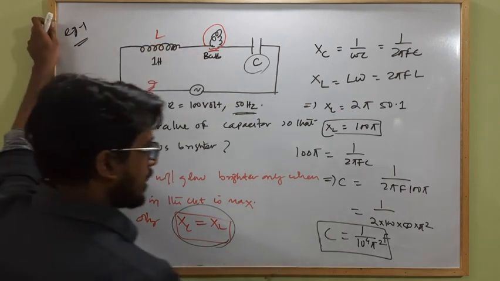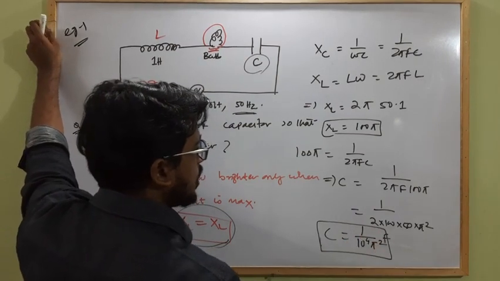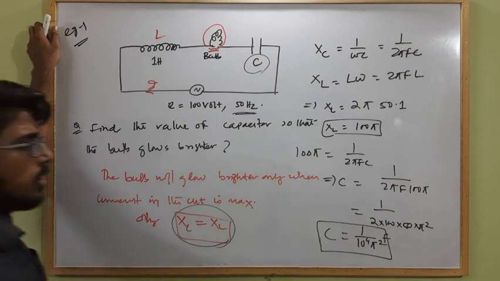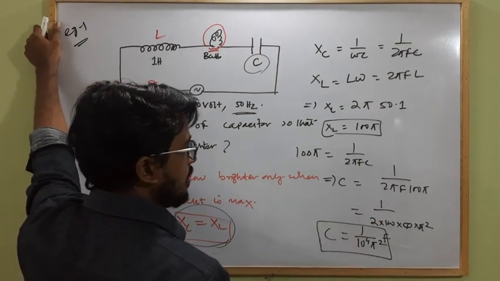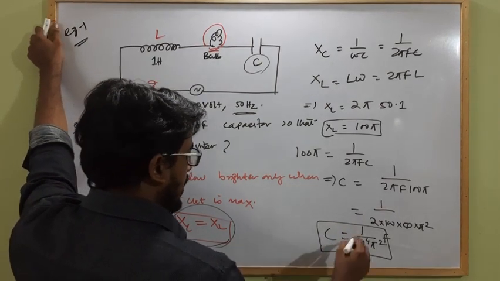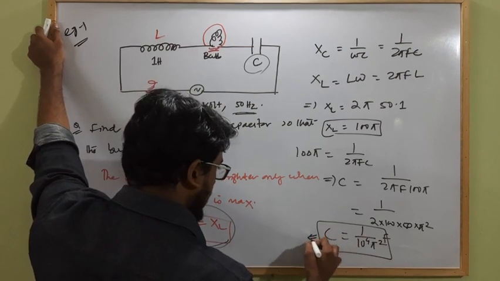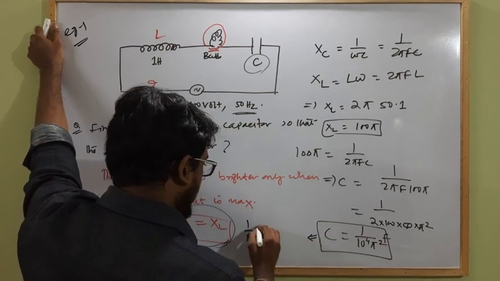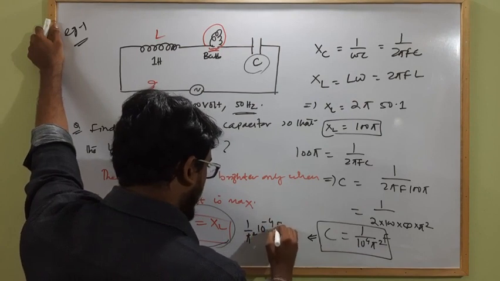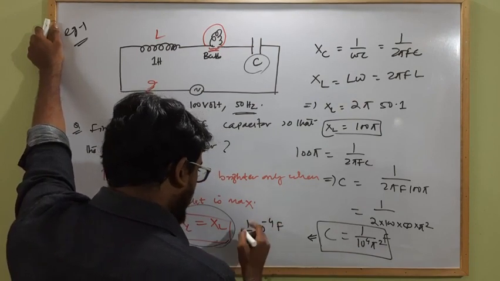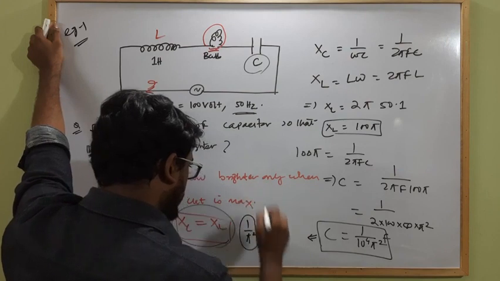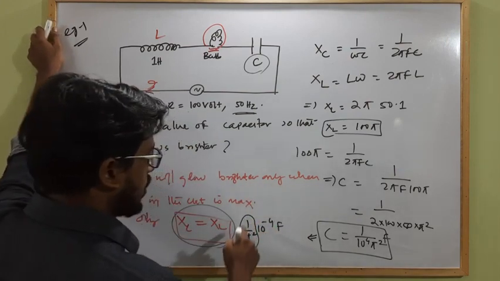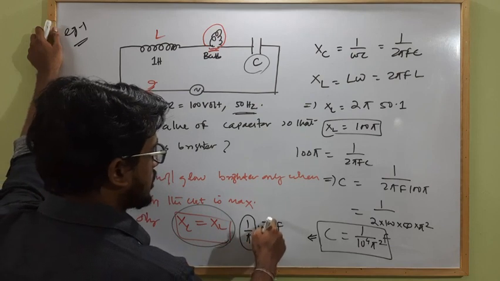Or this can be written as 1 by pi square into 10 to the minus 4 farad, or 10 by pi square into 10 to the minus 5, which is nearly equal to 1 millifarad.